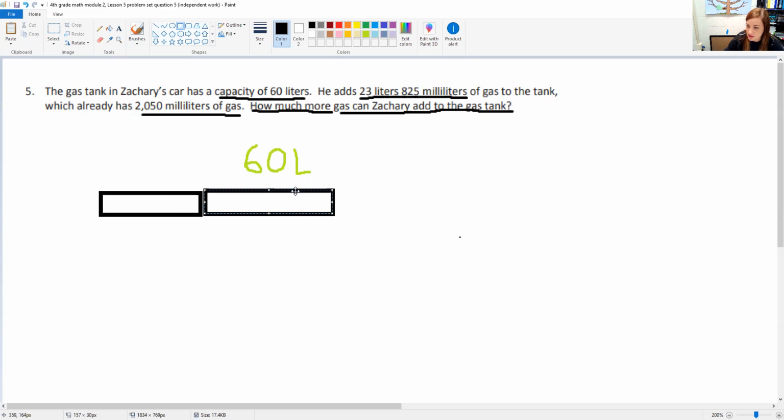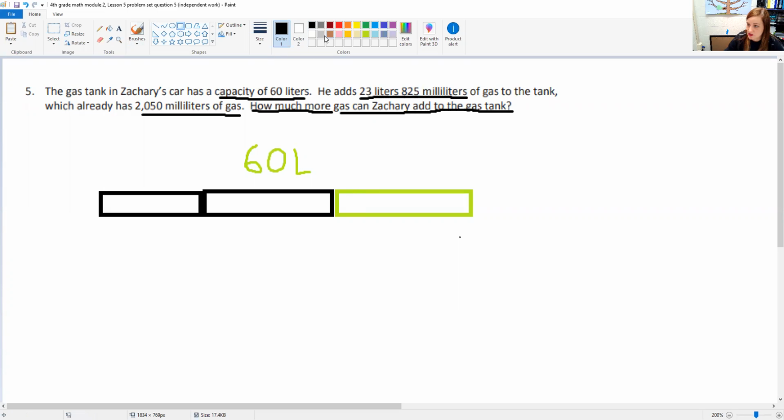Let's see if I can move that. And then we have whatever's left. We don't know how much more gas he can add, which is this. Okay. So right now I know his, let's just change it to black.